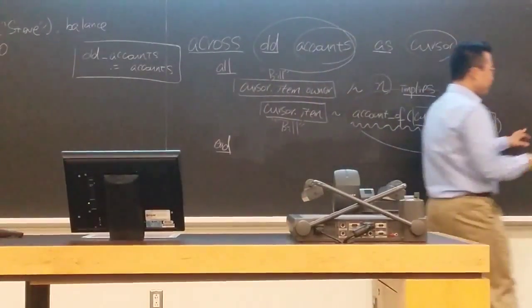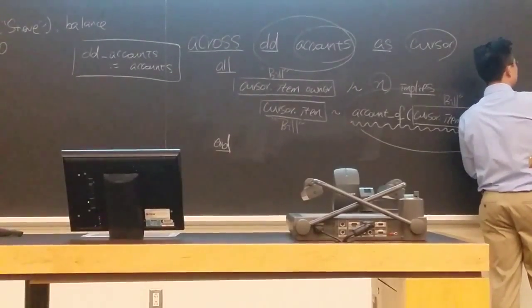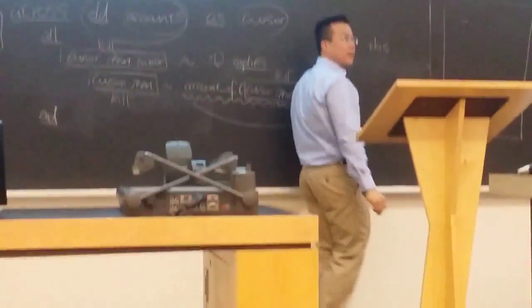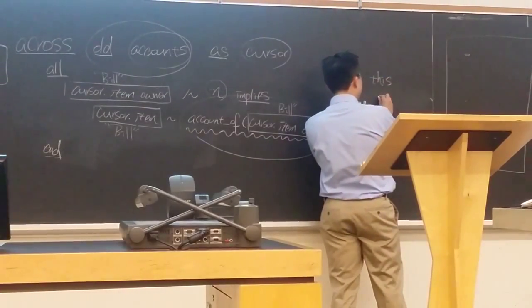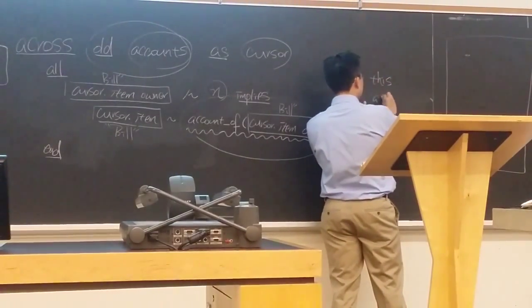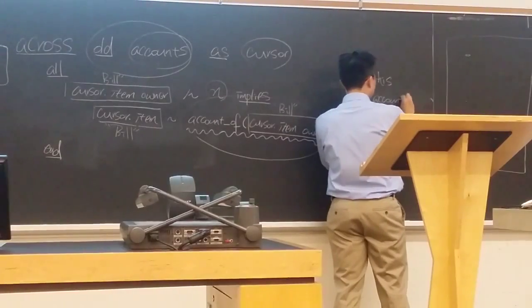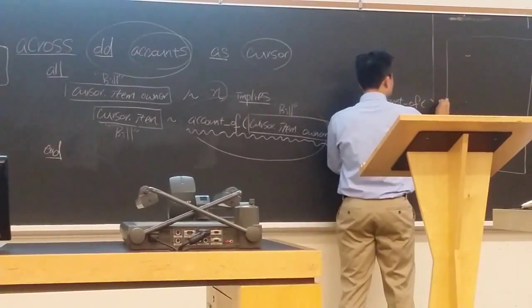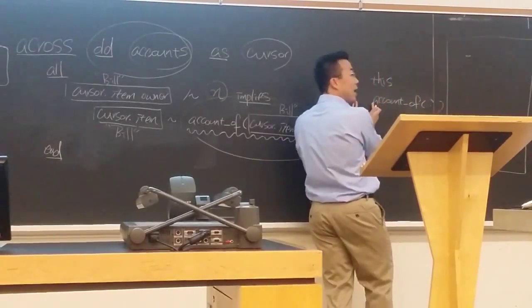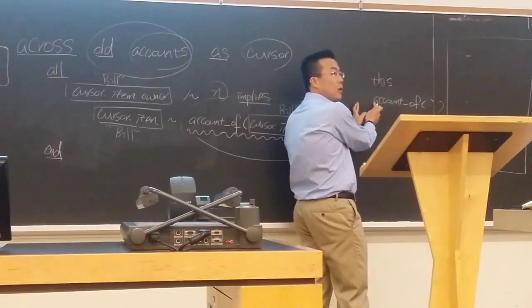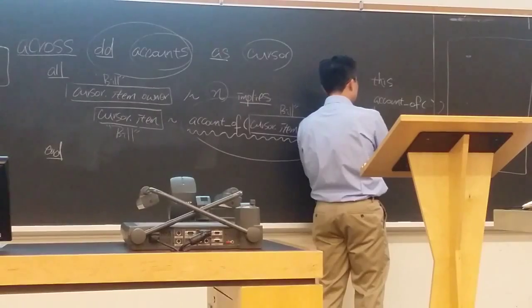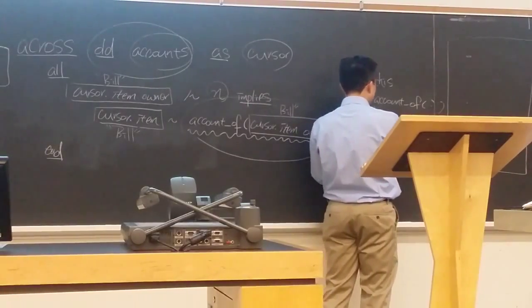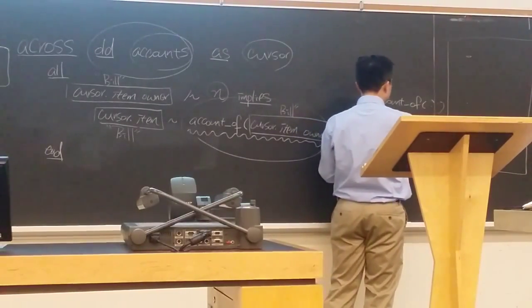Remember in Java, there's a keyword called this, right? So whenever in your current class you have some method call, let's say account of something, if you didn't specify any target for the feature, that's basically as if you said this dot account of.